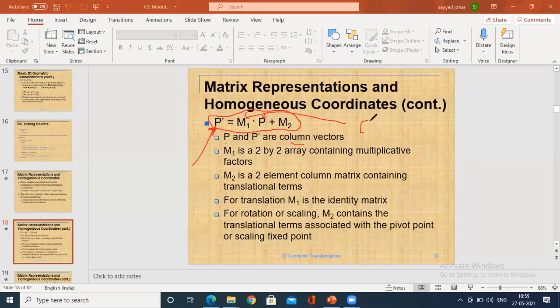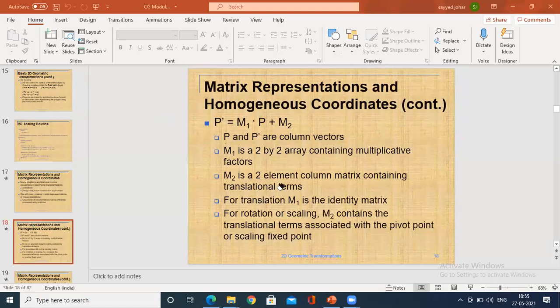As you can see, P and P dash are column vectors. M1 is a 2 cross 2 array containing multiplicative factors, very much important. Let us analyze this with examples in the next slide, with respect to translation and so on.